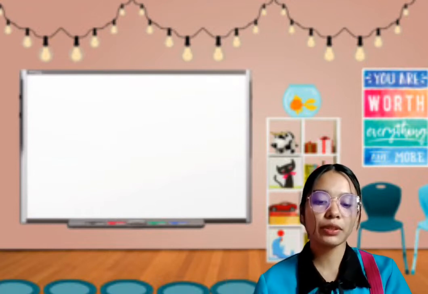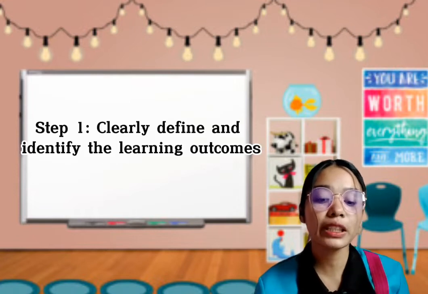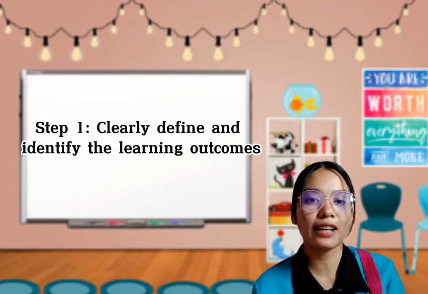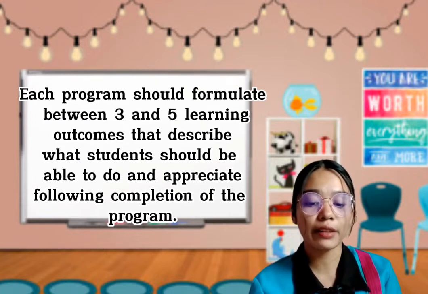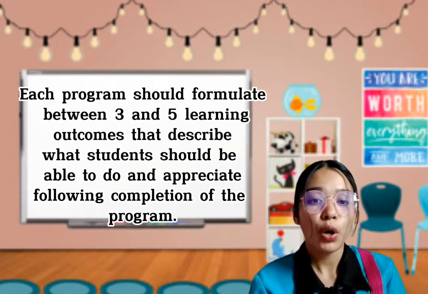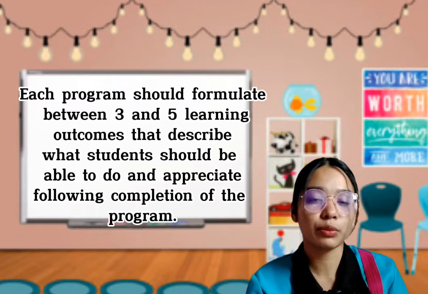So we will proceed to the 4 steps of the assessment cycle. So step 1 is clearly define and identify the learning outcomes. Each program should formulate between 3 and 5 learning outcomes that describe what students should be able to do or to know and to appreciate following completion of the program.